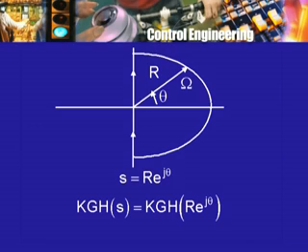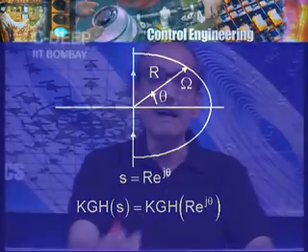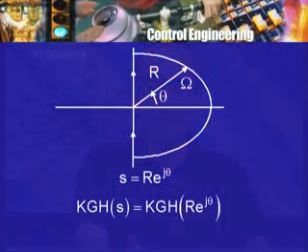And now, what am I doing? I am just evaluating GH at s, or K times GH at s, for any complex number s on the contour. For the point on the contour corresponding to that semicircle, s is r e raised to j theta. Therefore, this is going to be K GH of r e raised to j theta.